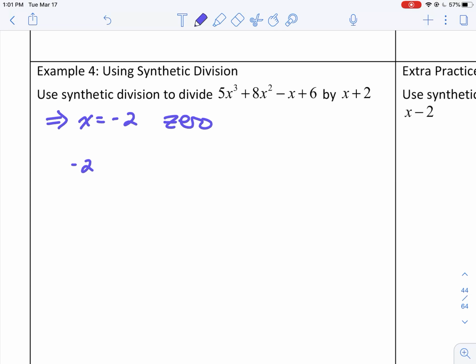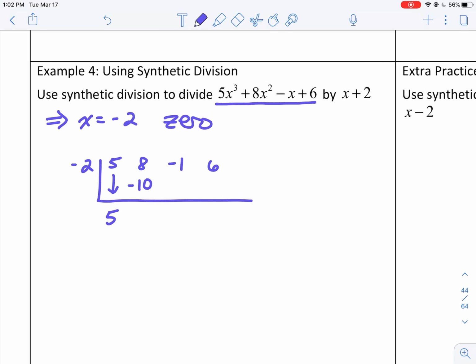So we're going to have negative 2, and then I'm going to list my coefficients going in descending order. If I skipped a term, I would need a 0 as a placeholder. So I have 5, 8, negative 1, and 6. So step 1, bring the 5 down, then multiply 5 times negative 2, negative 10. Then I add vertically, negative 2.